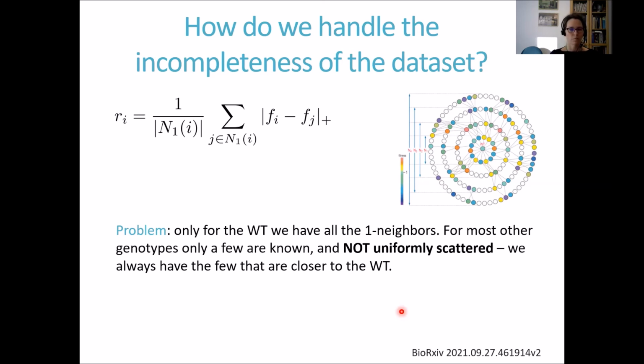For most other genotypes, we had much smaller numbers of their single mutants. But not only that, the problem was even worse because the data set was created by mutagenesis of the wild type. So it was biased to have almost all the genotypes close to the wild type, and fewer the further away.